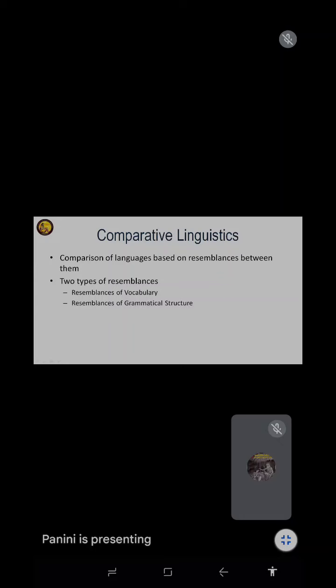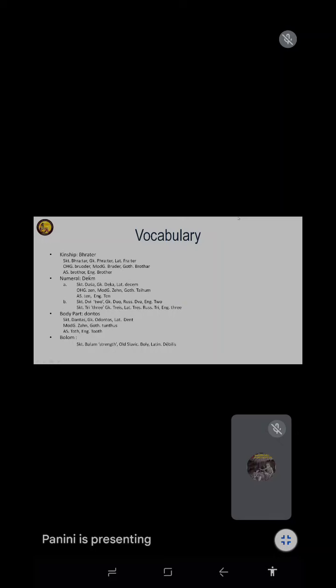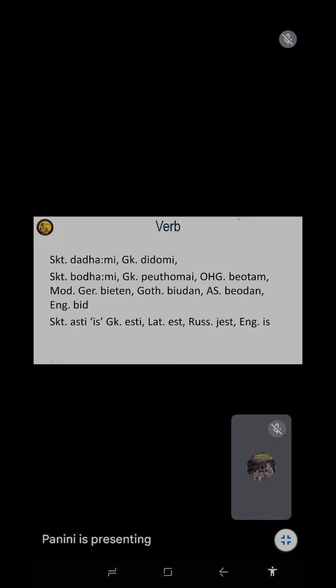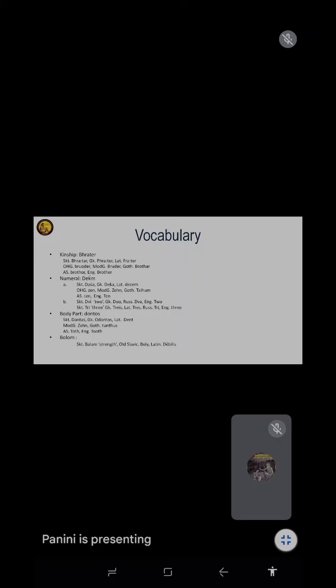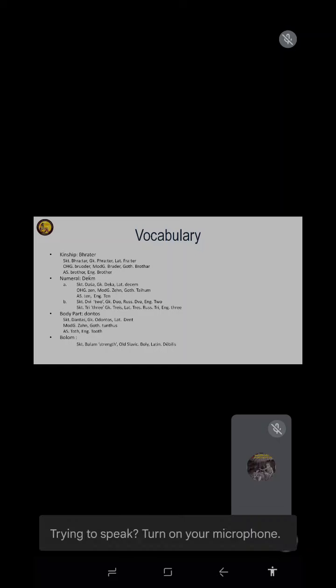So in this structure, let us see now what is the resemblance of vocabularies. Next slide, please. Now, when the vocabularies are common, which vocabularies do we compare? The vocabularies which are common to all languages. When you make a comparative study, which words should you compare?